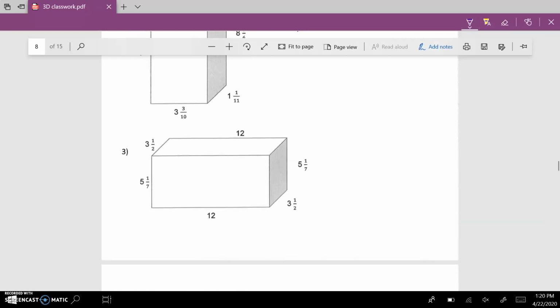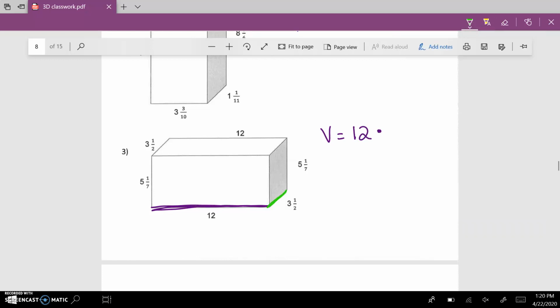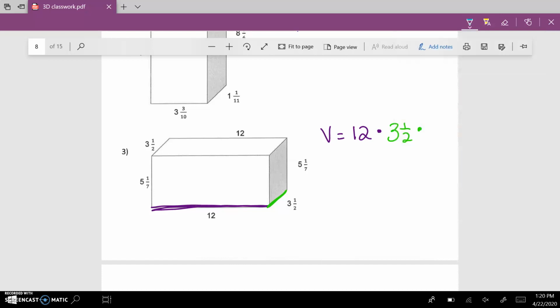So volume equals my length here across the bottom is going to be 12, times my width, how thick it is, 3 1/2, times my height, how tall it is, 5 1/7.